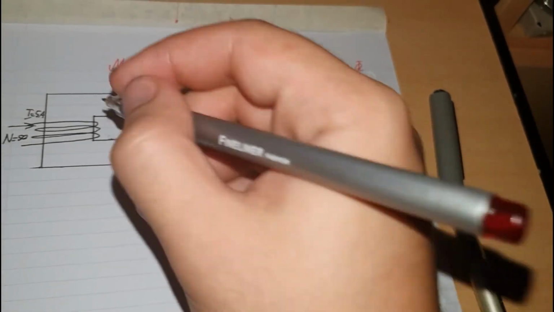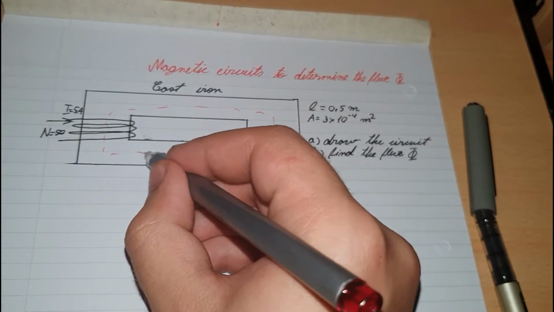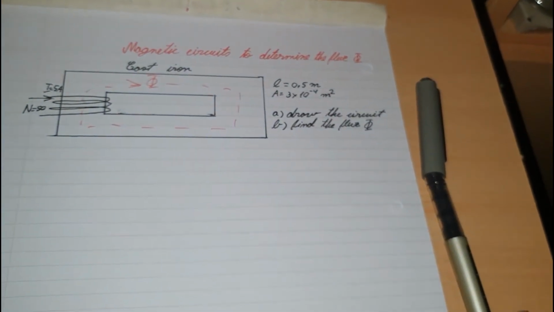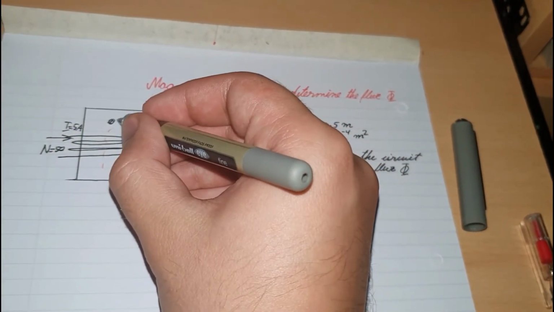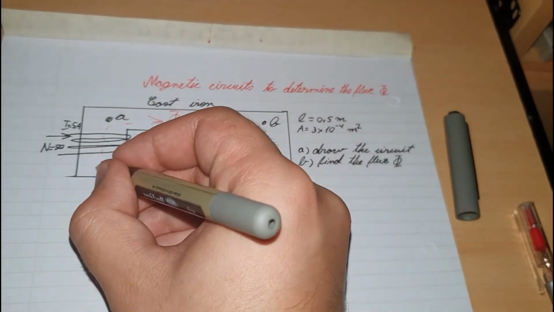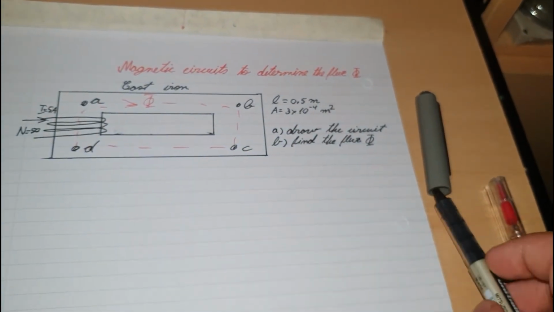So let's start by doing the flux. There you go, this is the flux. Marking the points is kind of useless since we already know the length, but we should do it anyway. B, C, and D.